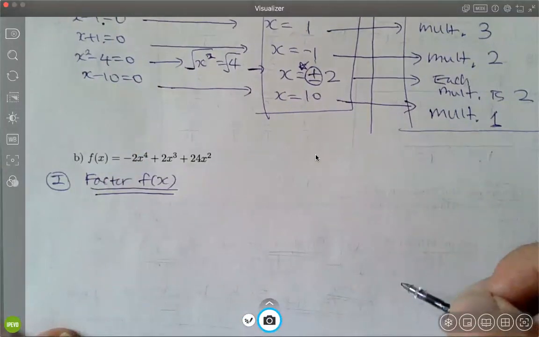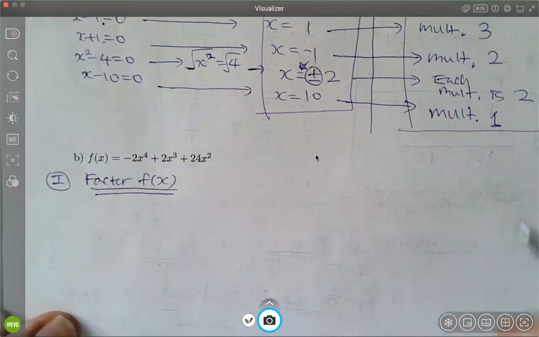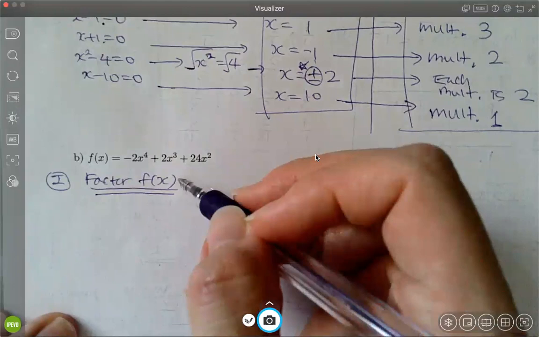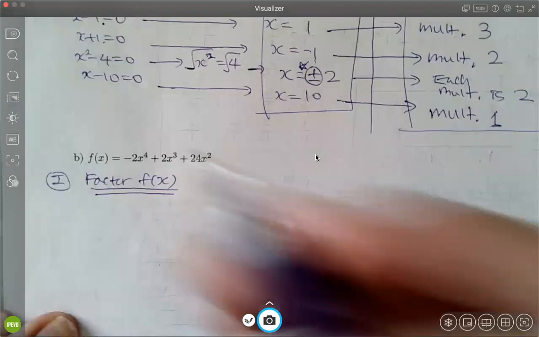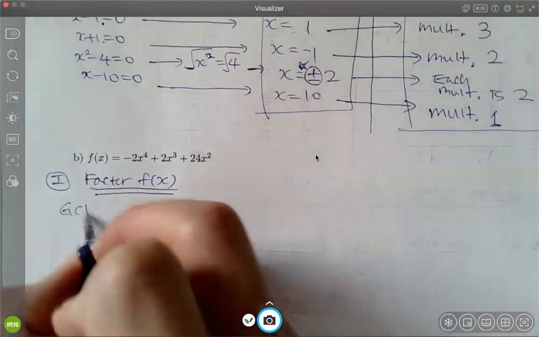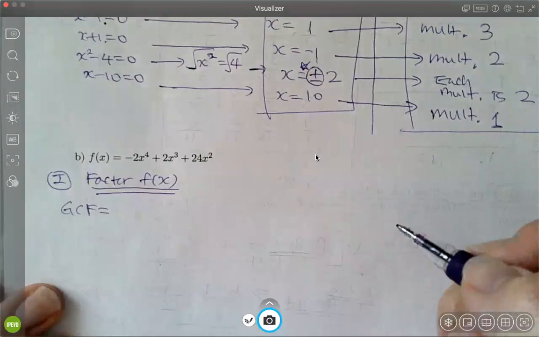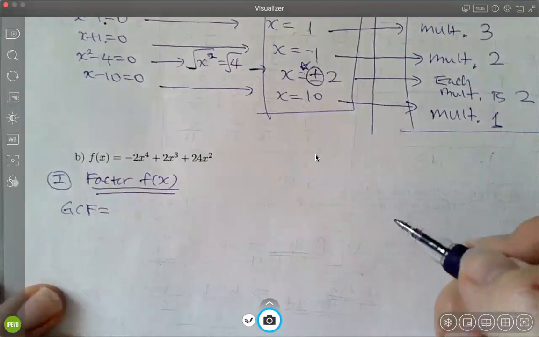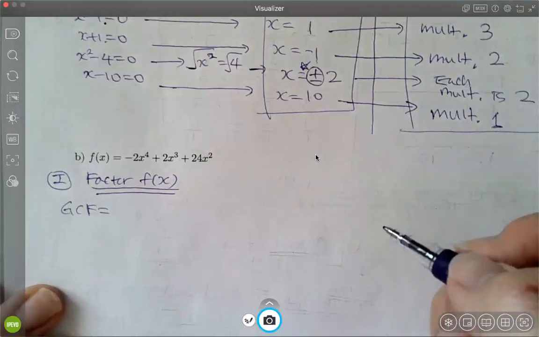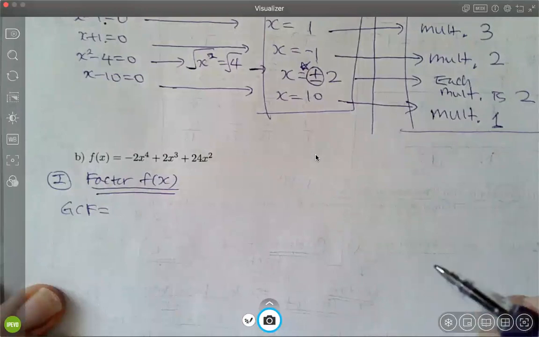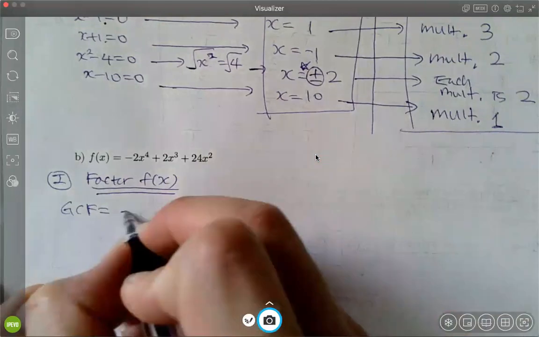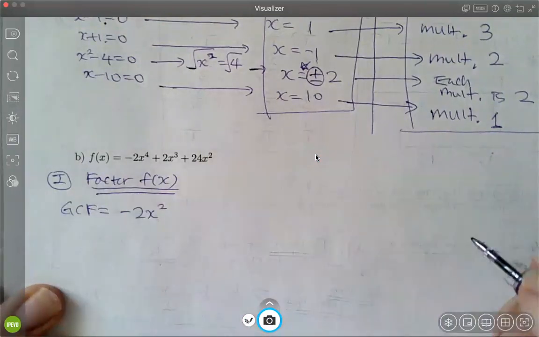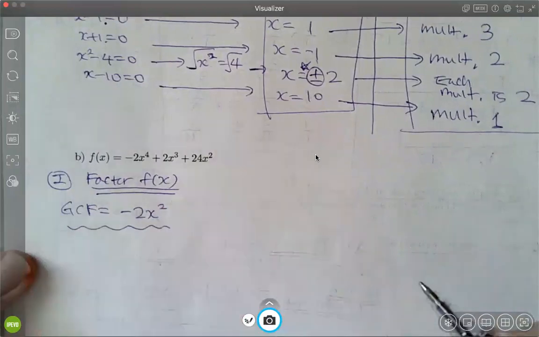And now here, let's see, how can we factor this? Can we pull out something? So here, what is the GCF? I guess most people can see that you can pull out the 2, and also x squared. Now, can you pull out one more thing? The negative sign. So let's see what happens when you take out negative 2x squared. What do you get?